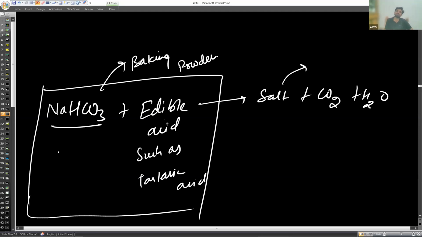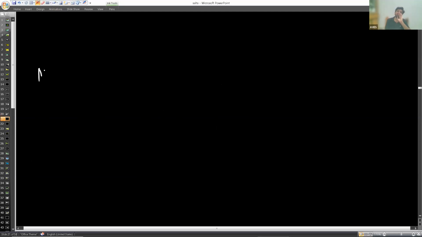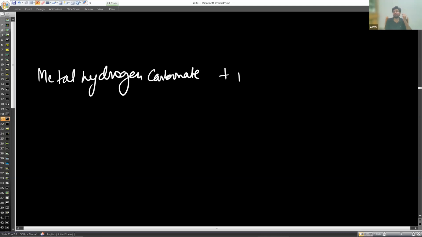Sodium hydrogen carbonate is a metal hydrogen carbonate, or we call it a metal bicarbonate. Any metal hydrogen carbonate or metal carbonate, like for example Na2CO3 or NaHCO3, is an example.